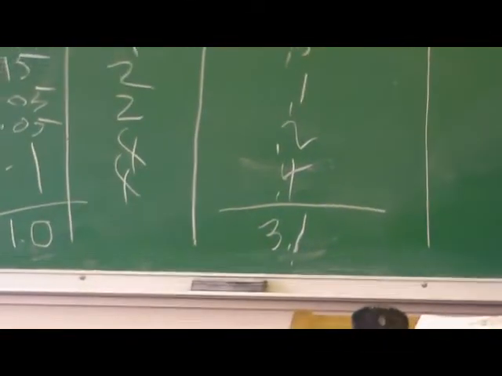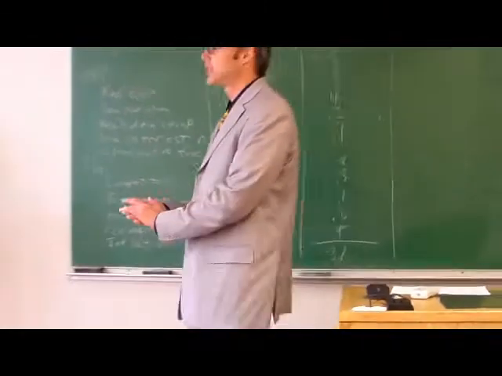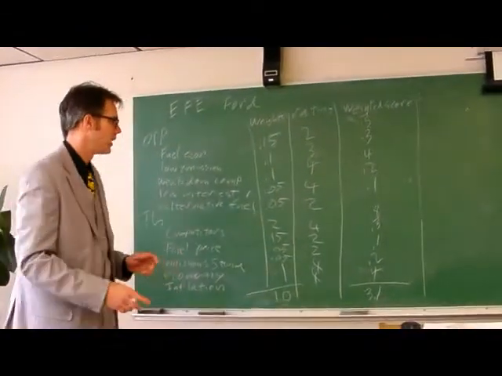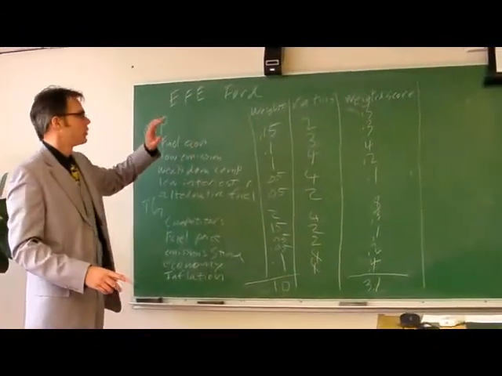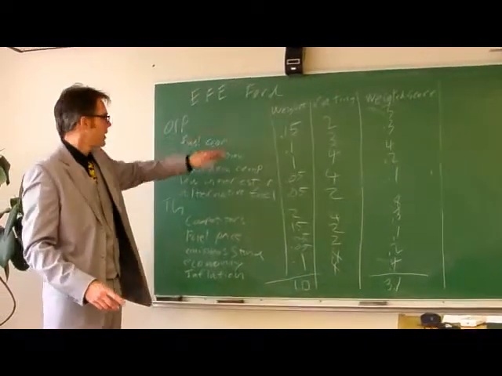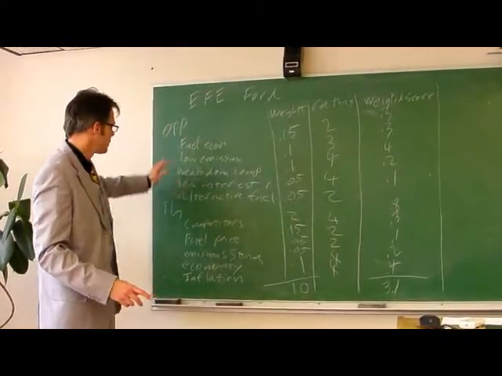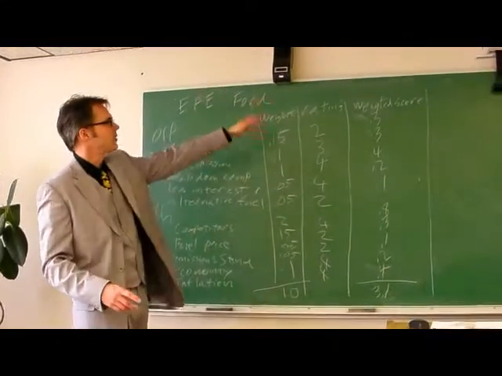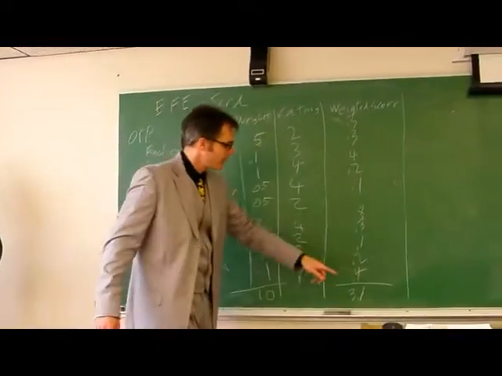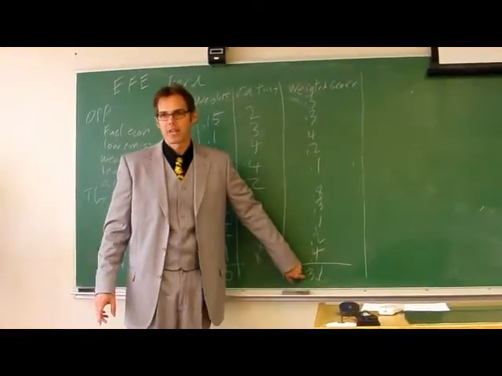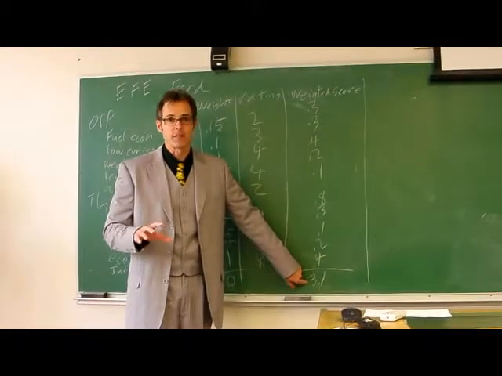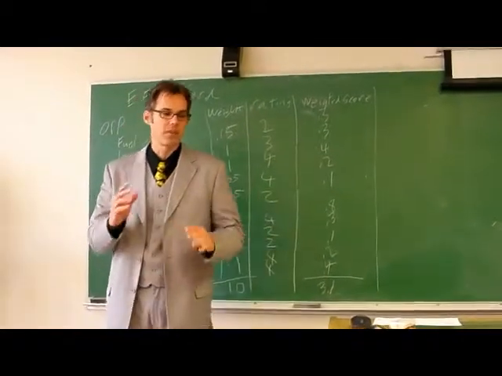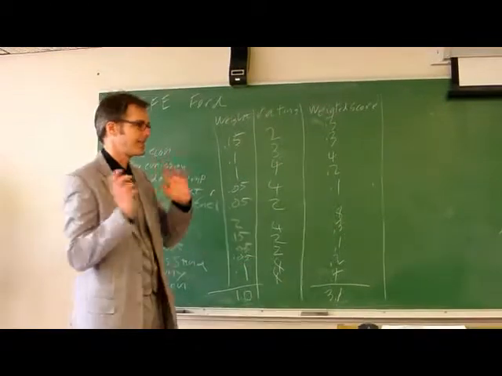And one thing I've found in 10, 11 years of teaching this book and this material is that if I tell 20 students to do Ford, they will come up with different opportunities, different threats, different weights, different ratings, different weighted scores, but this will always be about the same. That's why I love this method, that's why it's effective. I've done this in the classroom countless times. I give them a company, I say do it.